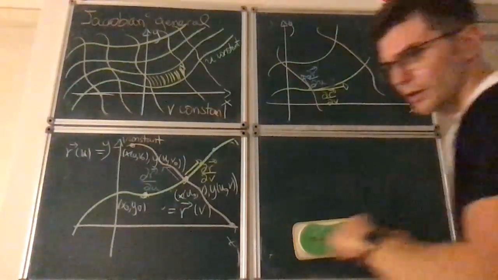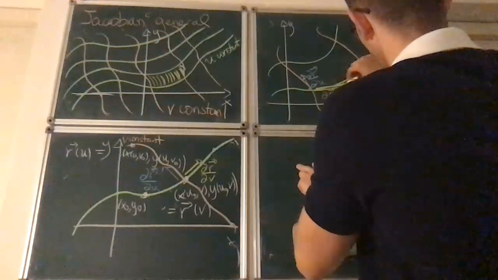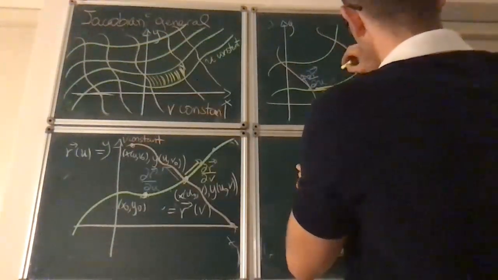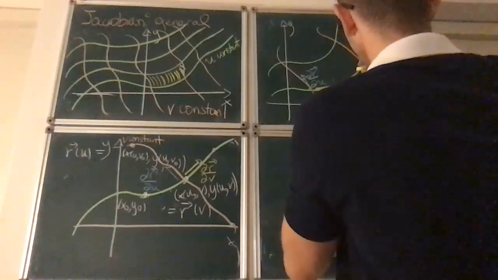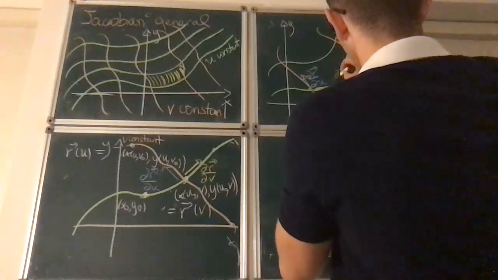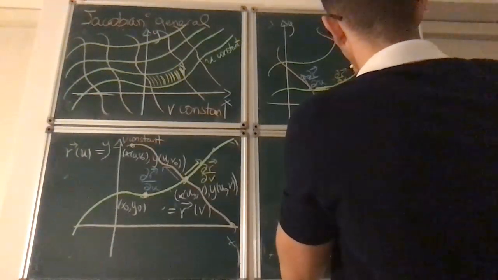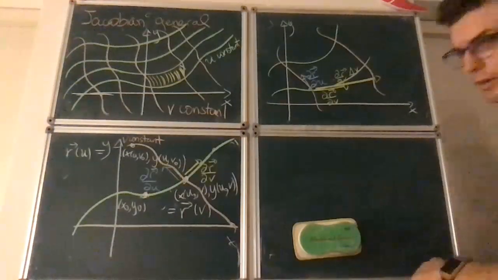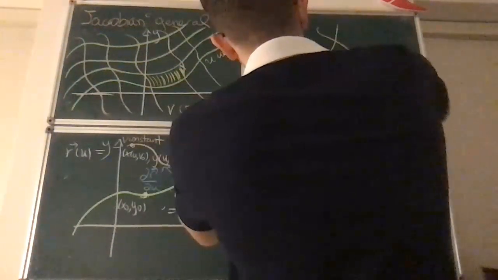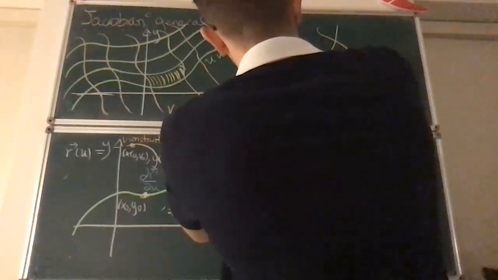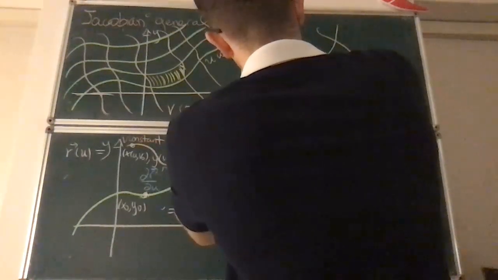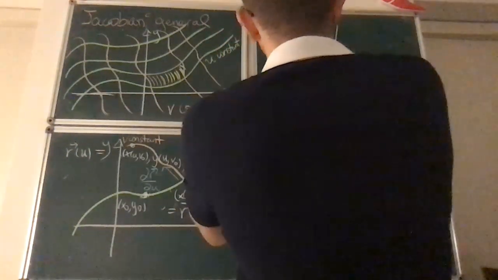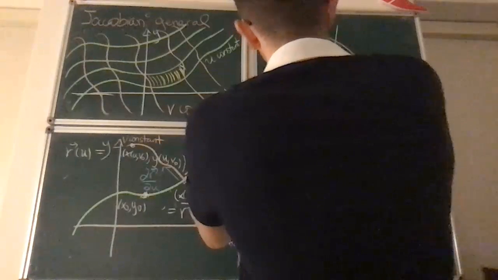So here you get a displacement by the original vector times the amount of time that you moved, which in this case is delta v. Okay? And you get another displacement vector here, where the time is now delta u.